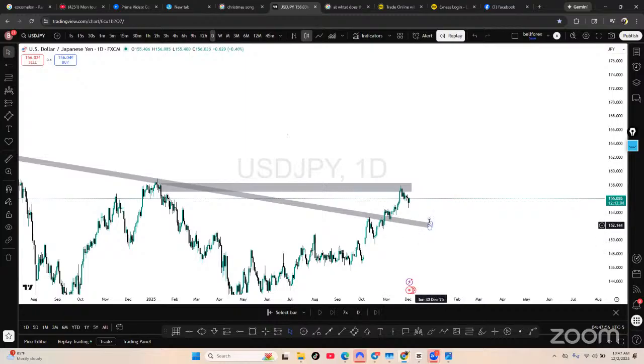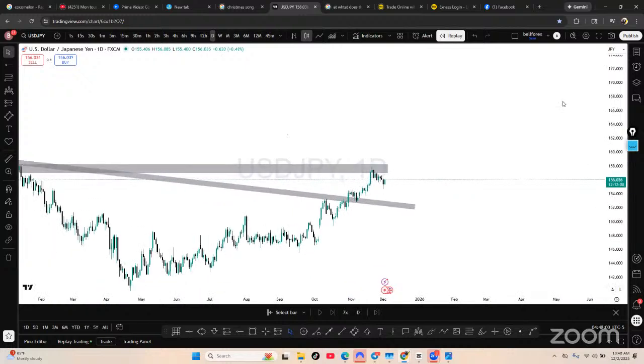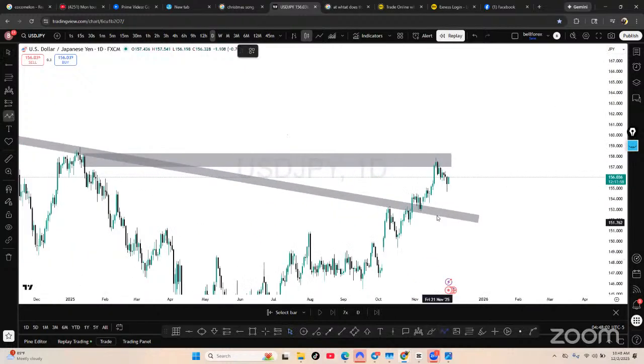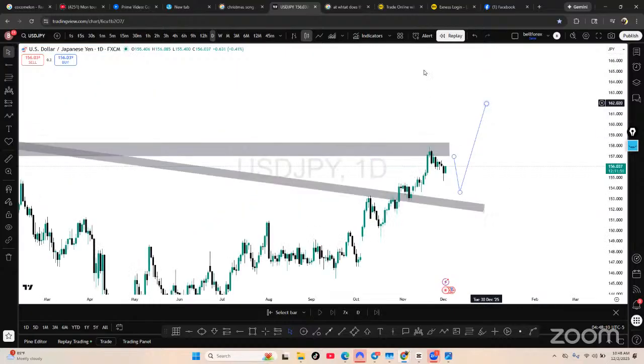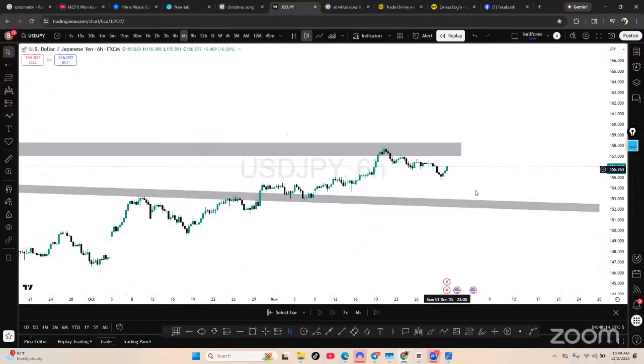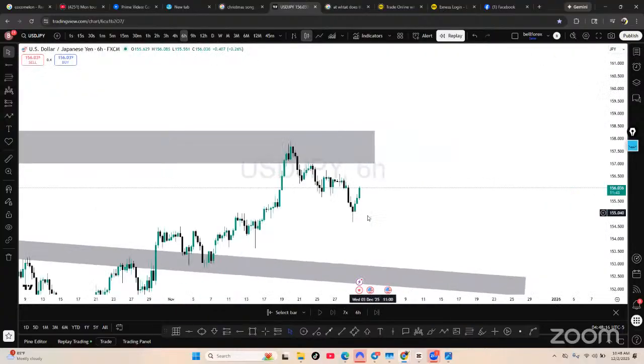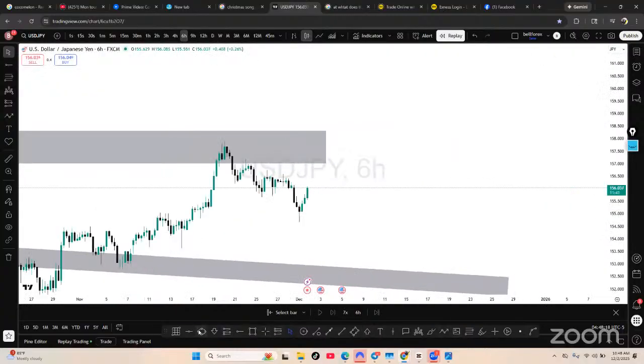So there's a huge possibility this market will drop down to this. So we are going to look for a possible sell on this. So we target our wave.